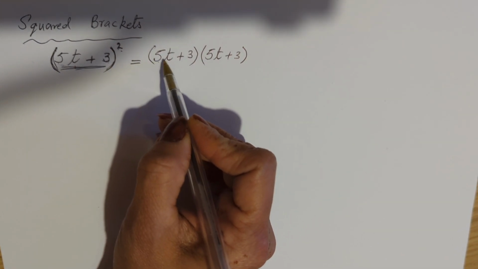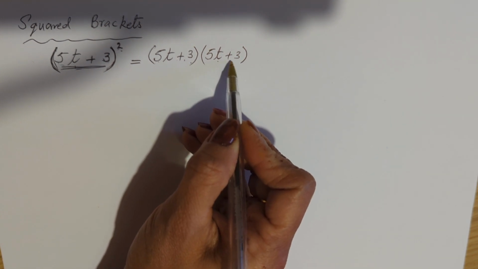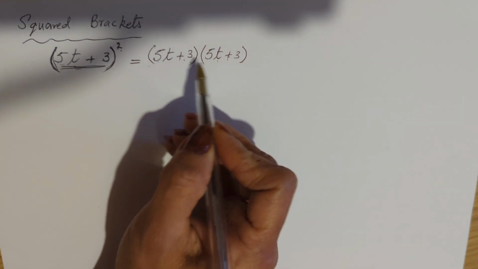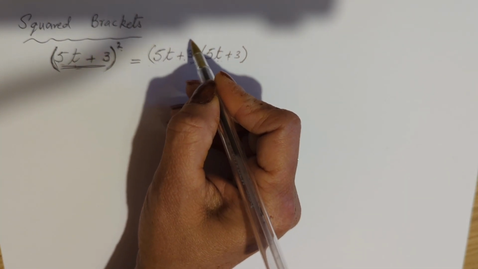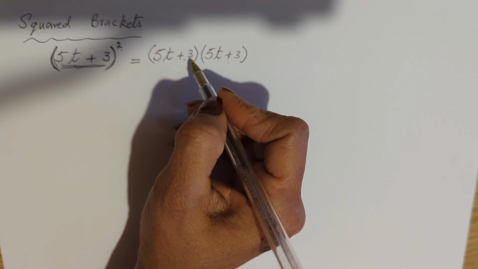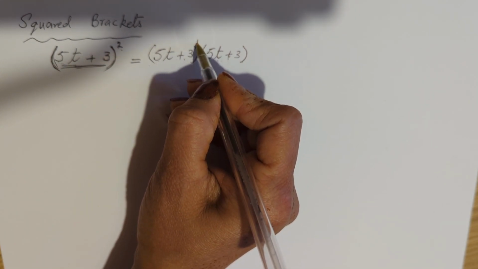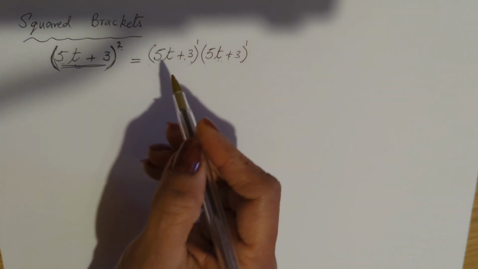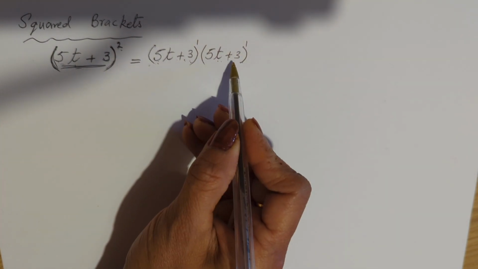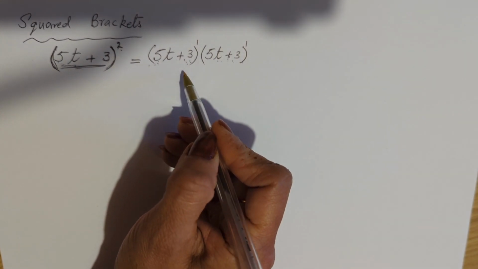So I will write 5t plus 3 inside the parentheses and then 5t plus 3. So these are multiplying 2 times. This is the algebraic rule that if no index or power is written, we will consider this power as 1. When the same terms are multiplying each other, we will add their powers.